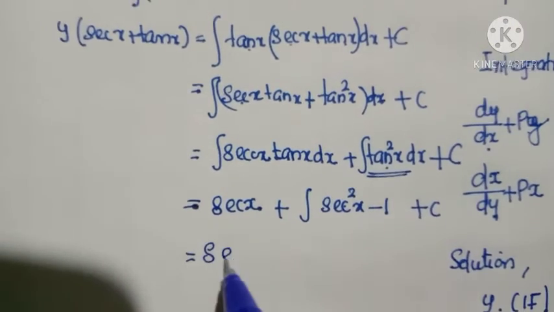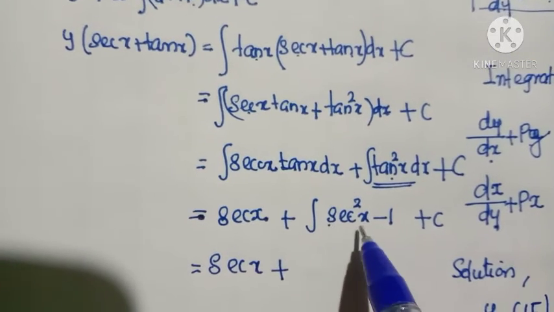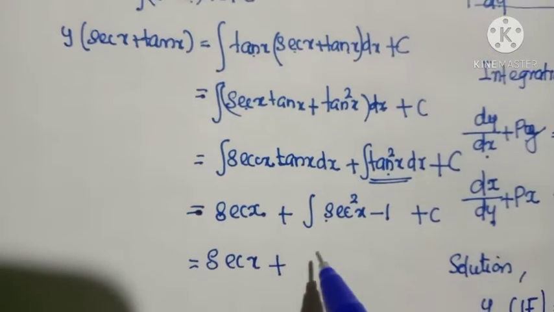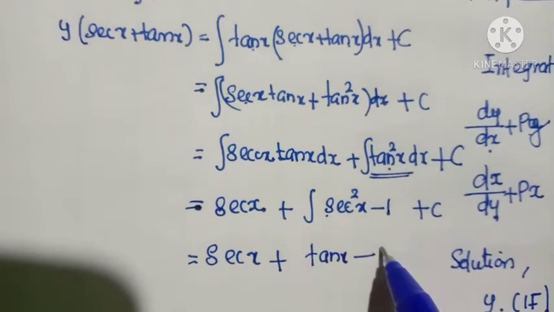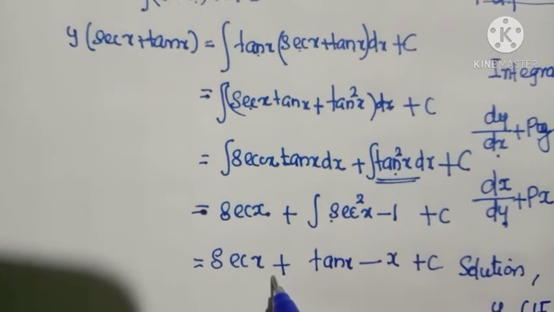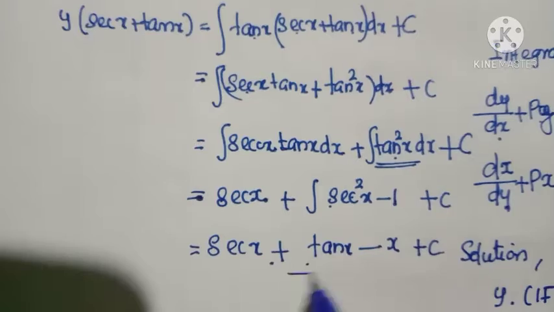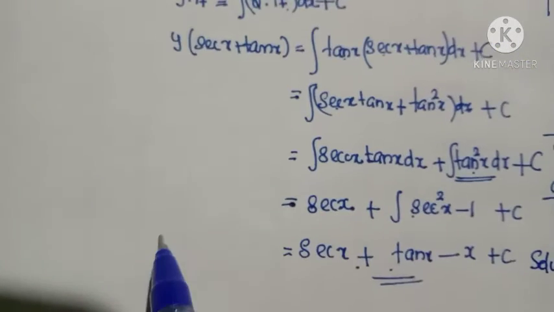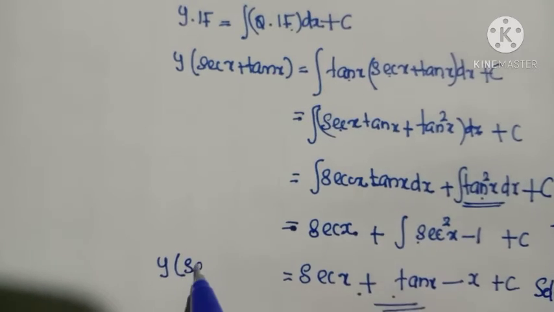So this is sec x plus integral of sec square x. Integral of sec square x is tan x. Then integral of 1 is x plus c. So sec x plus tan x minus x plus c is the required solution of the given linear differential equation.